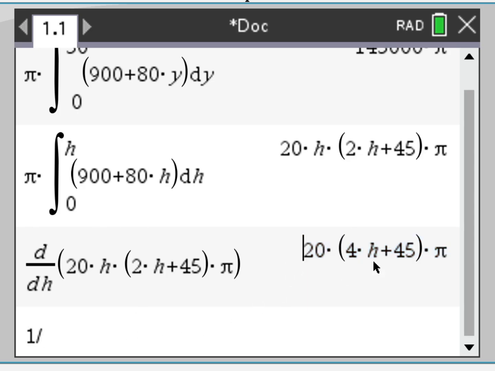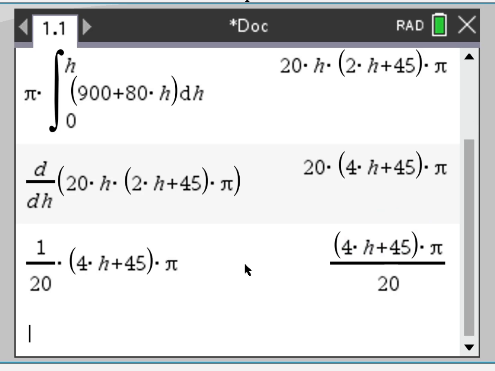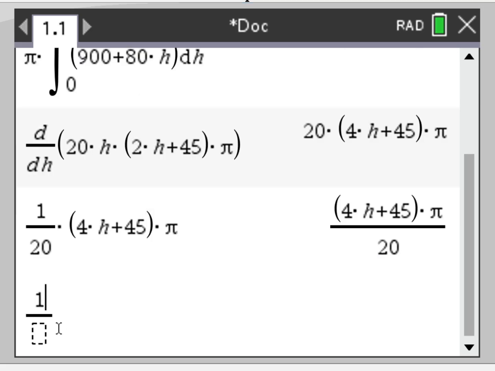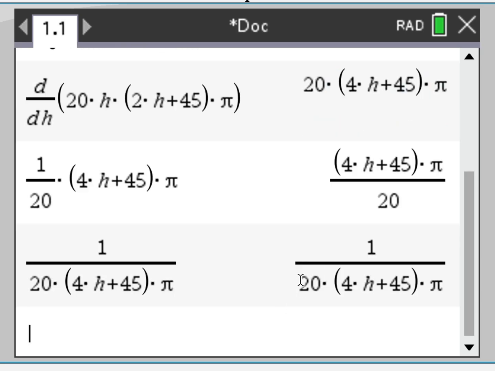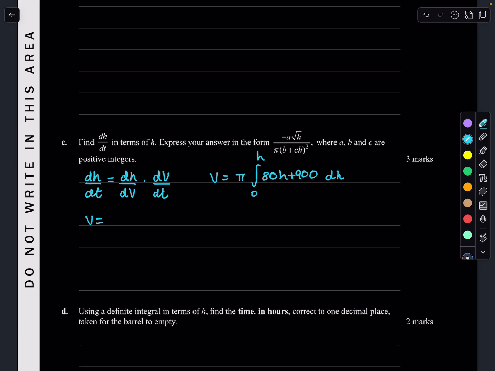So 1 over that is this. So that is basically my dh/dV. So let's write everything that we wrote down. When we did this, we got 20h, 2h plus 45 pi.